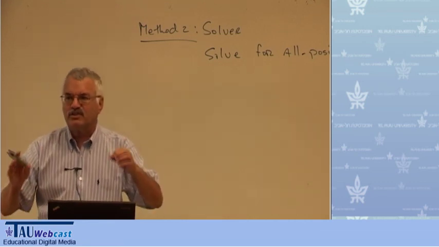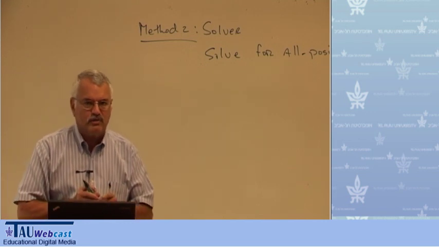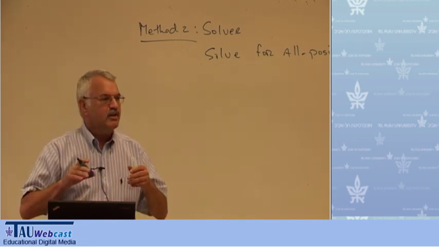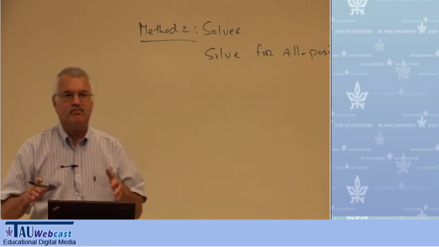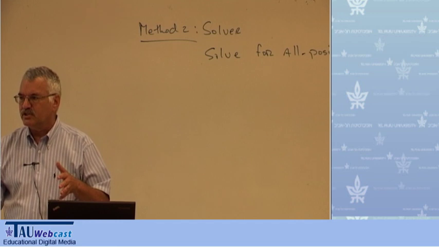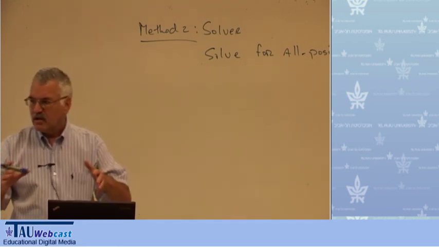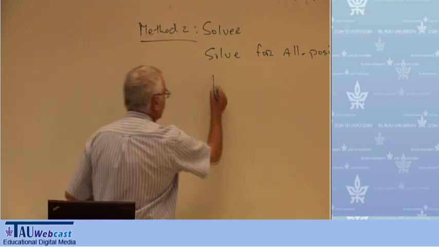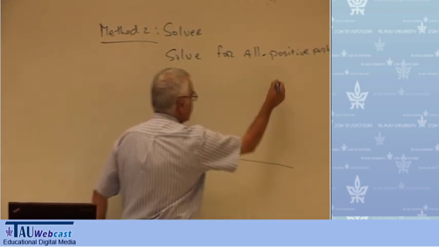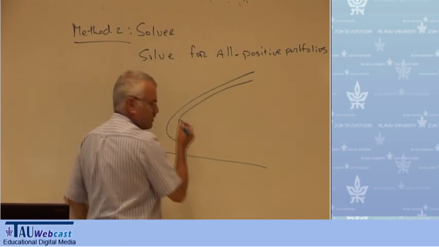Now let's think for a second about the relationship between an all positive portfolio and a portfolio which is optimized without constraints. What's the relationship? Where is the frontier? Lower. Actually, it's not just lower. It should be inside, something like this.